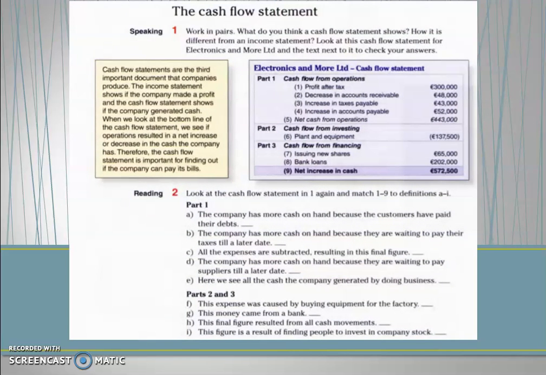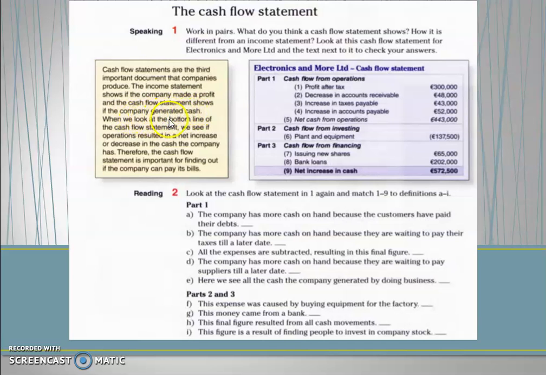The third task that you're going to do is about the cash flow statement. We discussed this last week, but I will read the definition here again. Cash flow statements are the third important document that companies produce. The income statement shows if the company made a profit, and the cash flow statement shows if the company generated cash.